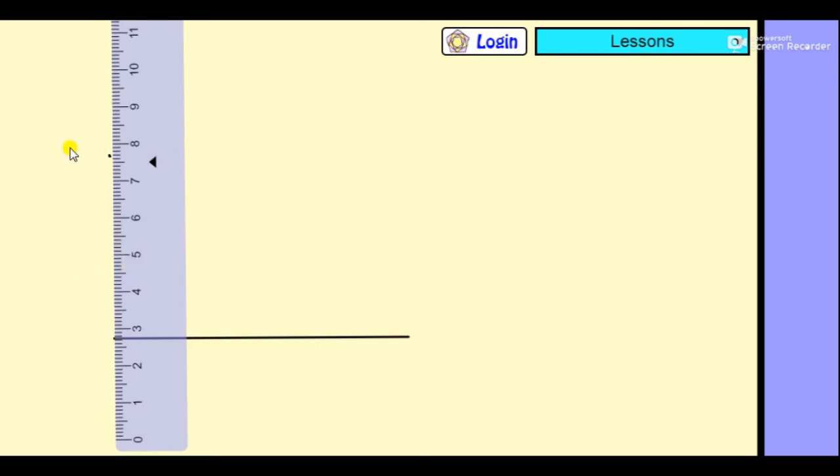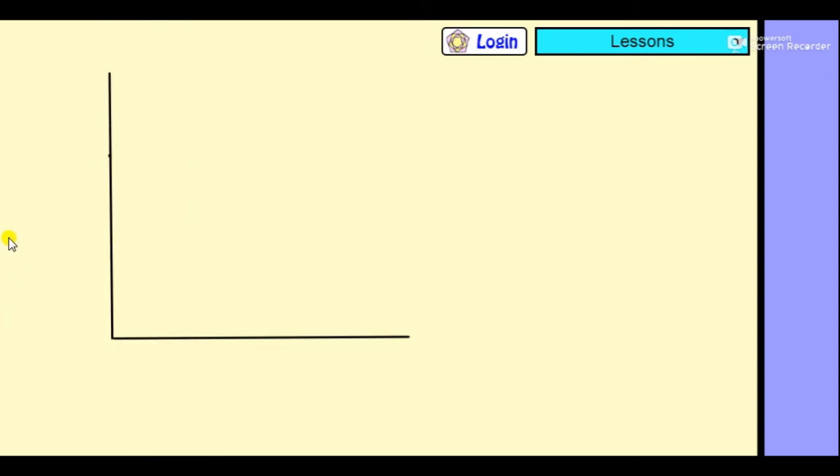Yes, draw the line like this. Now remove this scale and draw a line from here and join to this. This is the triangle ABC. So you can write A, B and C here.